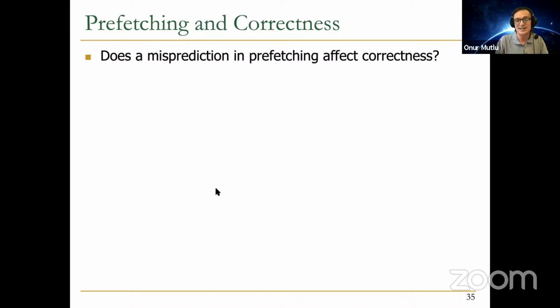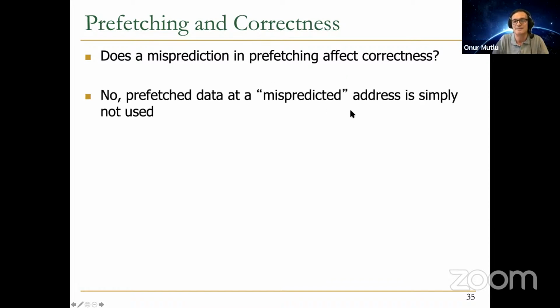So the good thing is it doesn't affect correctness. It may lead to performance issues if you do something wrong. It may lead to security issues, potentially, side channels. But it doesn't affect the correctness of the program, at least, because if you mispredict the address, basically, you either load the data from a location that you're not going to use, or you basically try to load the data from a location that you do not have access to, in which case you're not allowed to do that anyway, based on the mechanisms that we're going to discuss in virtual memory.